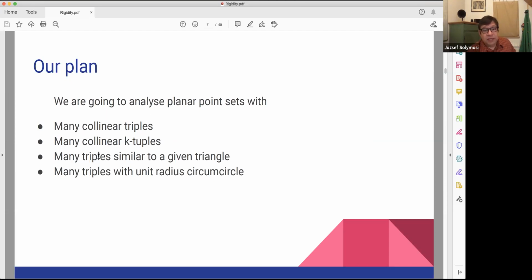And many triples similar to a given triangle. So you have point sets, and here is your sample triangle, and this point set is full of triangles similar to this one. There are many, many triples. Interestingly enough, here we will get a result, but it has something to do with problems in number theory and even problems in harmonic analysis.